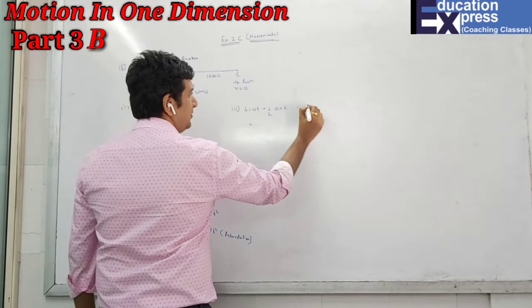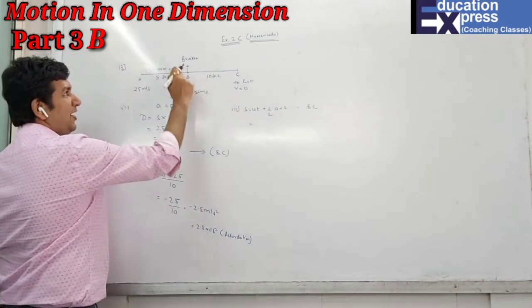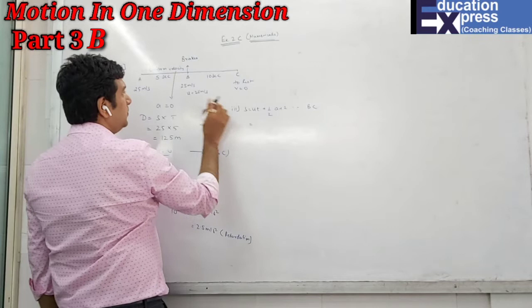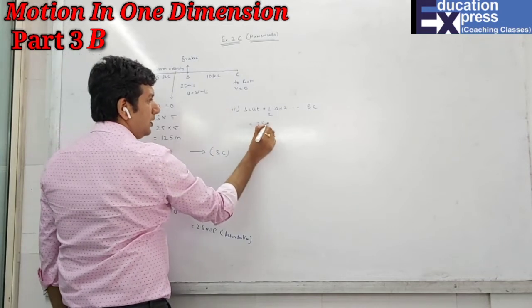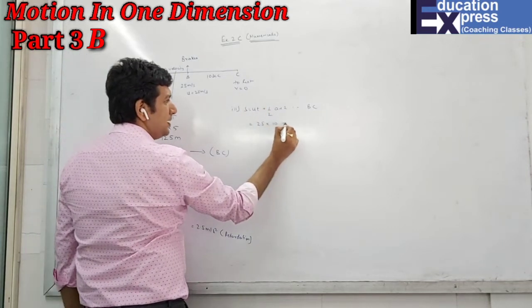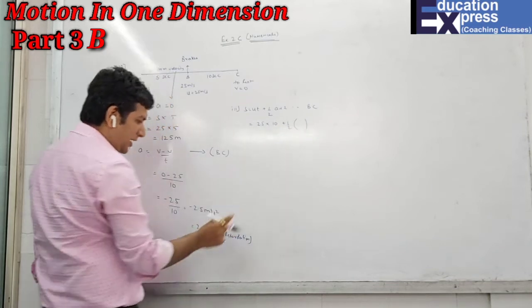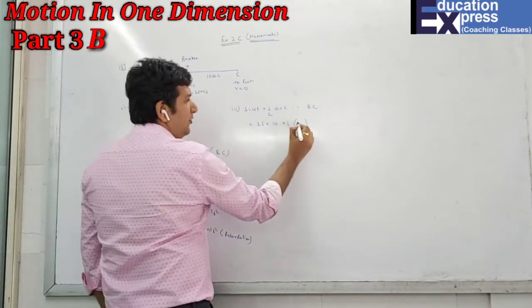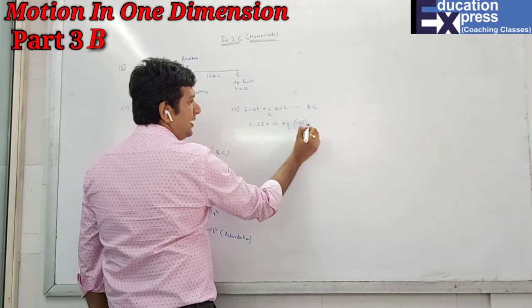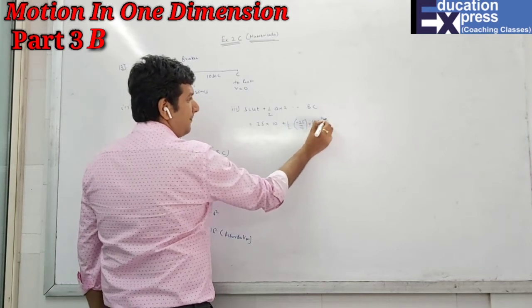Which part will we consider? BC, because it is the distance after the brakes. So what is u? 25. Time it took 10 seconds, plus half. What was the retardation we got? Minus 2.5, which I can write simply as 25 upon 10, and time was 10 squared.